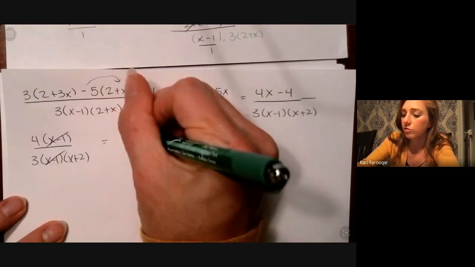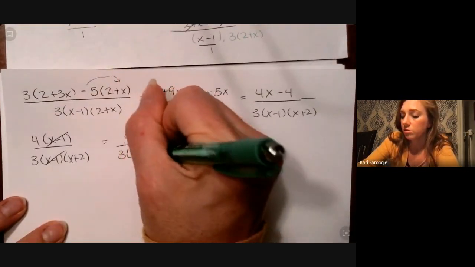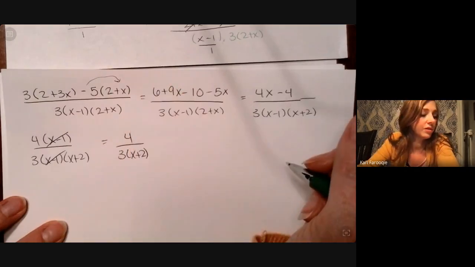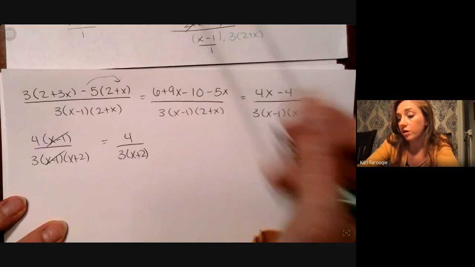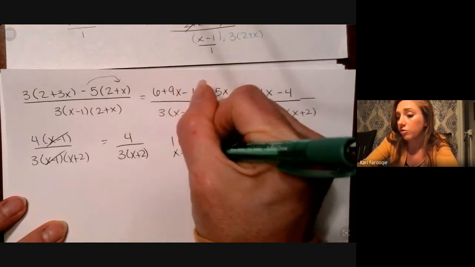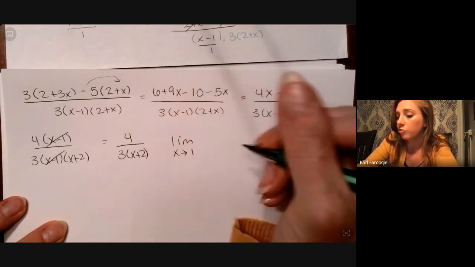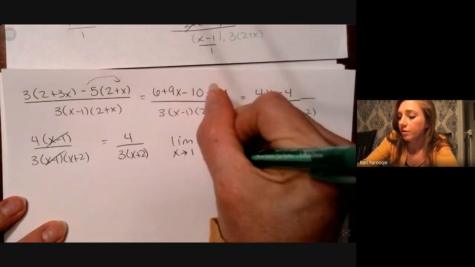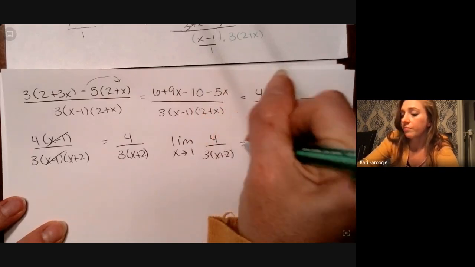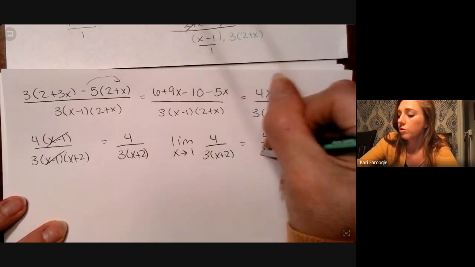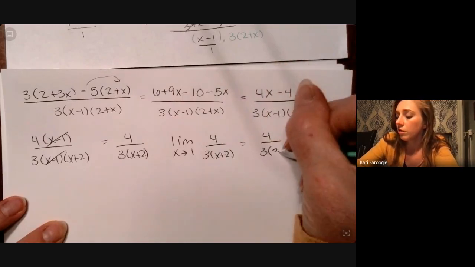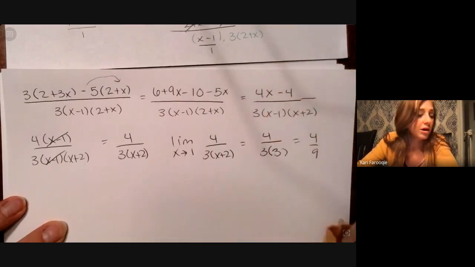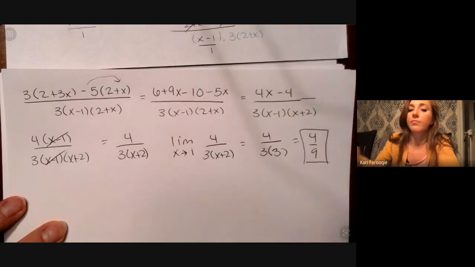And that leaves you with 4 divided by 3 times x plus 2. And again, it's up to you if you decide you want to multiply that in. It doesn't matter because we're just going to be taking the limit as x approaches 1 of this quantity, which is going to be 4 divided by 3 times 3, which is 4/9.